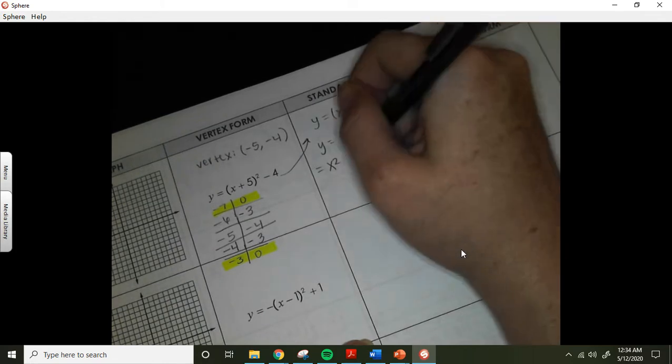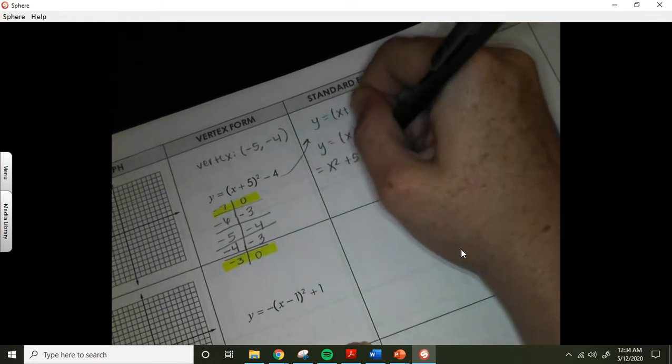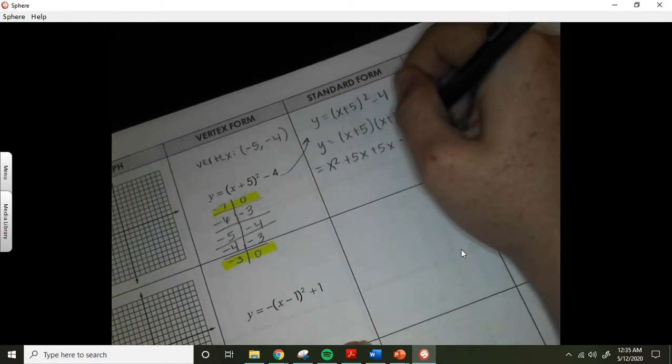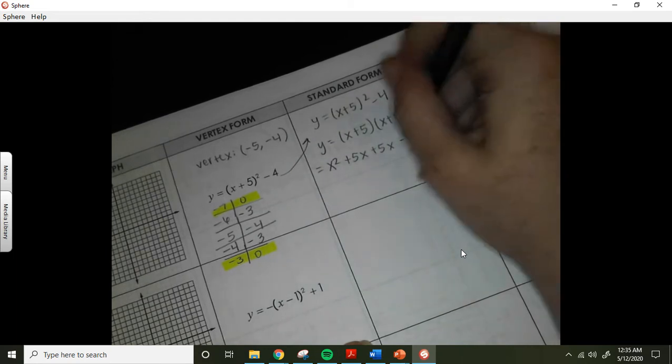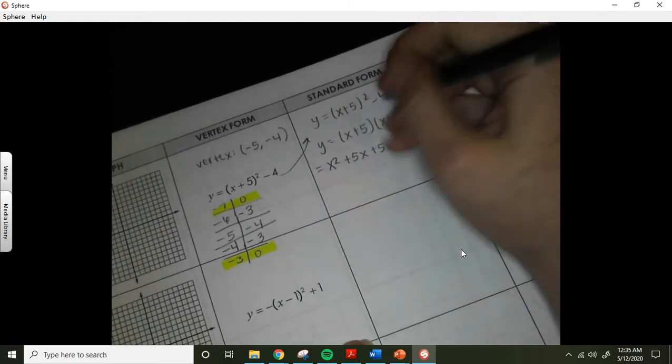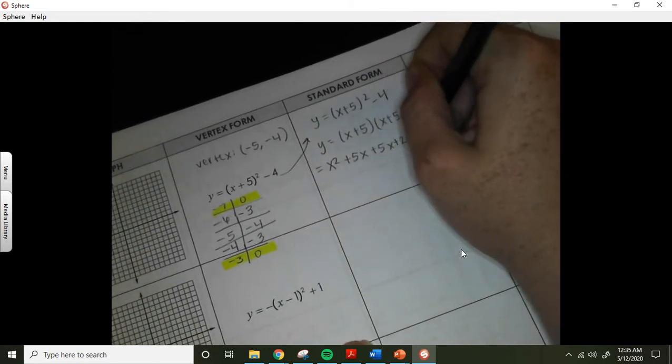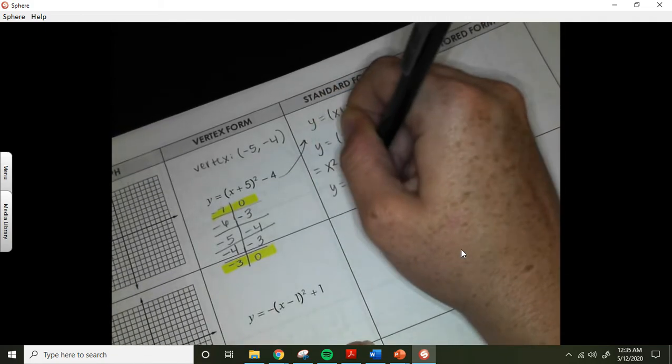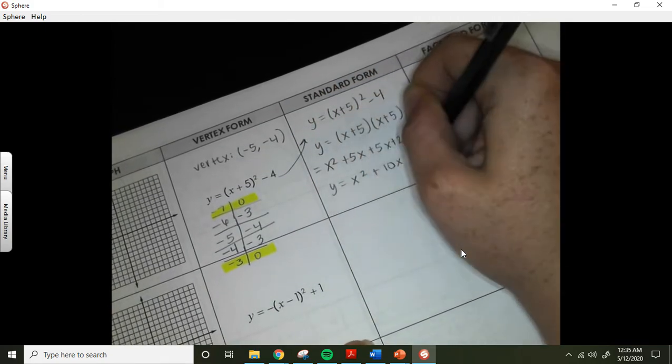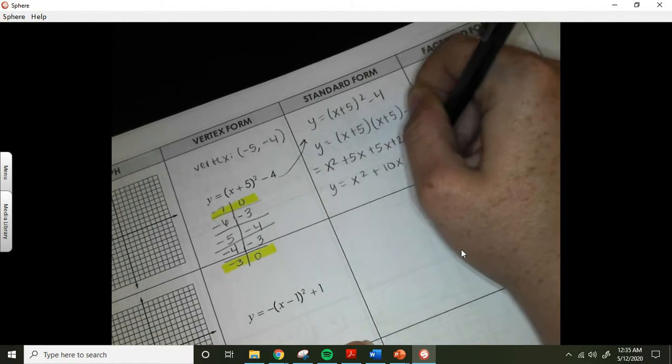And then we've got plus 5x plus 5x. And then plus 25, then minus 4. y would equal x squared plus 10x plus 21.